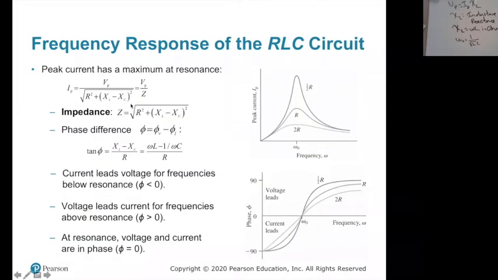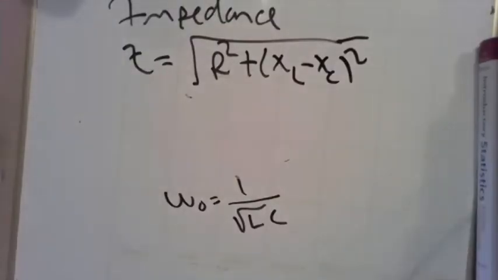Okay, in an LRC circuit, this is everything put together. This is called the impedance. So the impedance is everything put together.